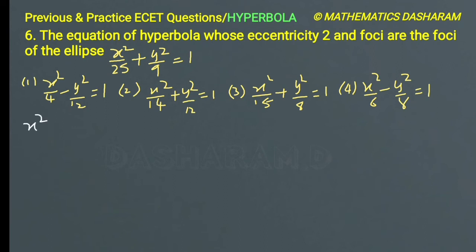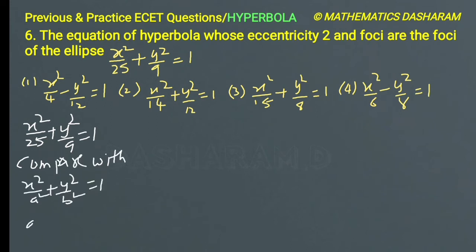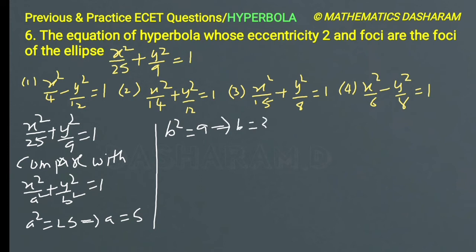The given equation is x square by 25 plus y square by 9 equals 1. Compare with the standard form. Then a square equals 25, which implies a is 5. Next, b square equals 9, which implies b equals 3.